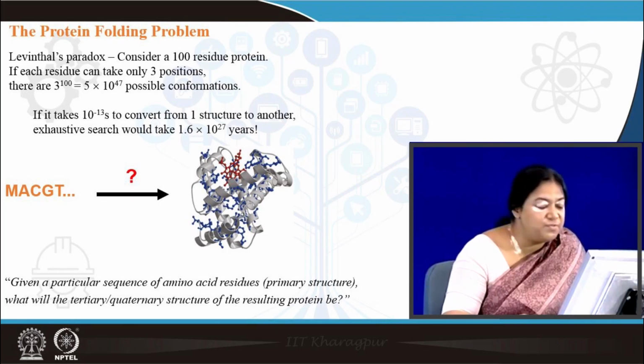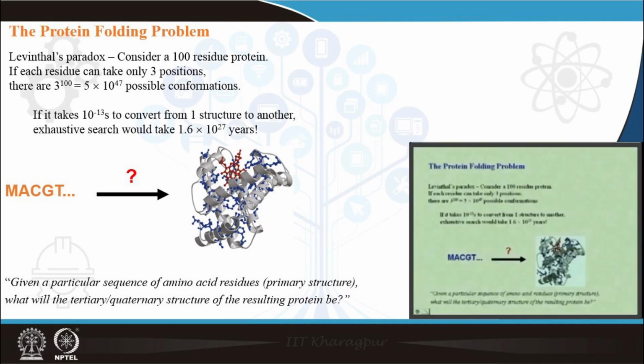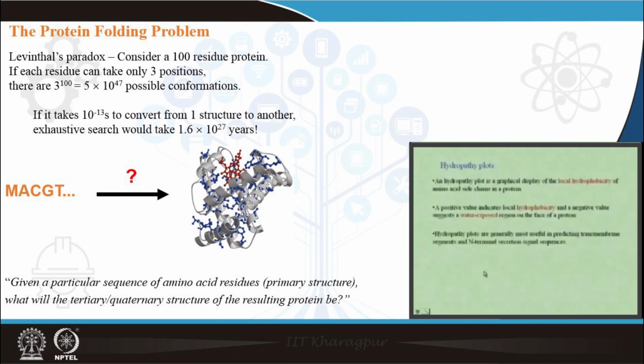So, if I find a stretch of amino acids that are hydrophobic in nature, I can say that they might be forming the central part of the folded protein. That is some information I can get, which leaves me a bit better off than just the primary sequence of the protein. So, how do we do that?